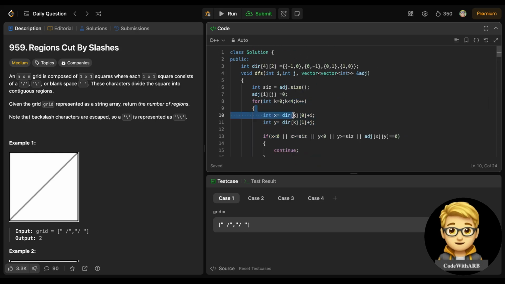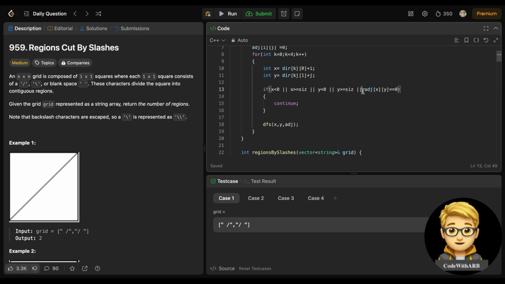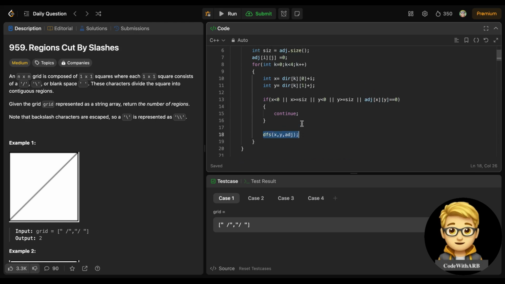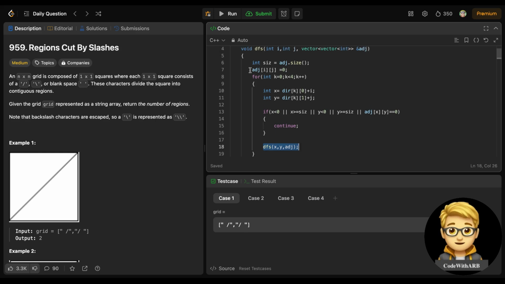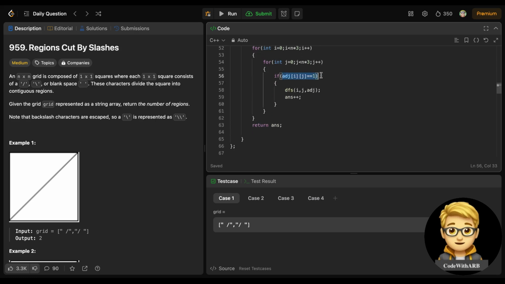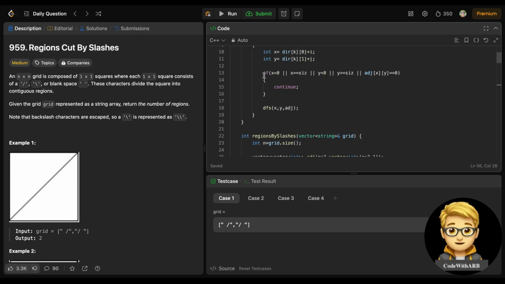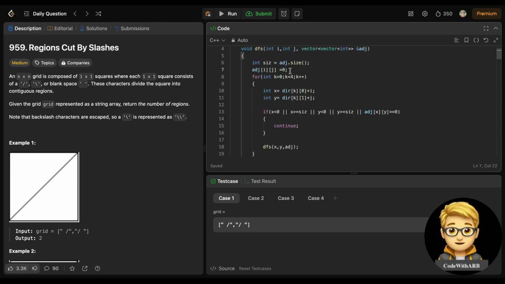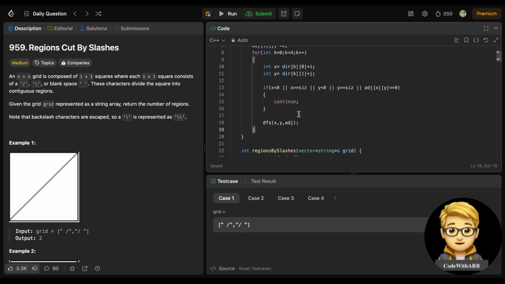And if I get land, I again start iterating from there. Also I'm marking it visited. For marking visited, I'm changing its value from 1 to 0, because here I'm only inserting for 1. If it is visited, I mark it 0, so that I will not repeat the same cell again, right?